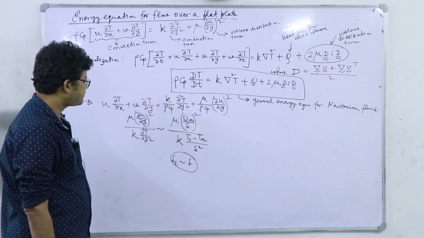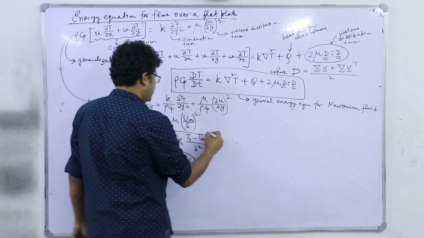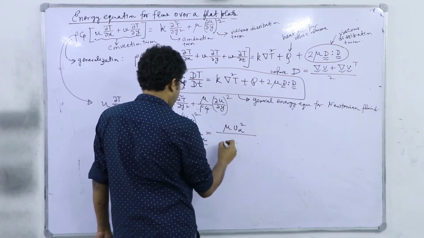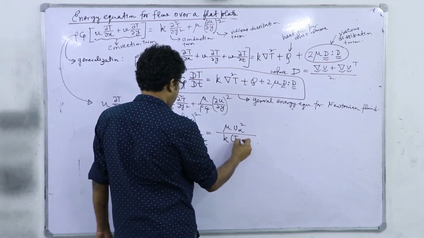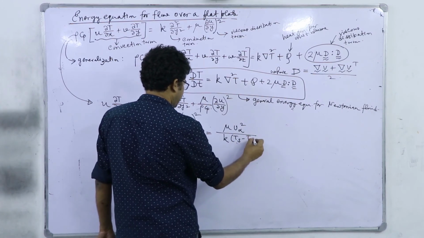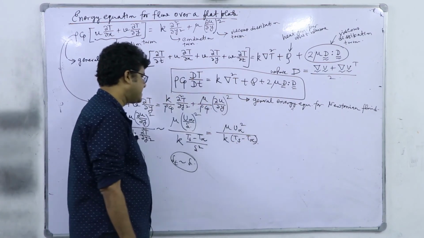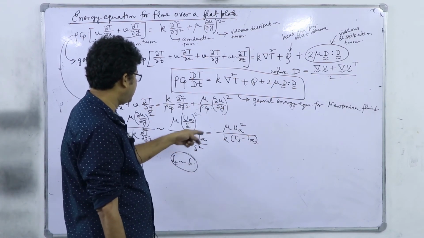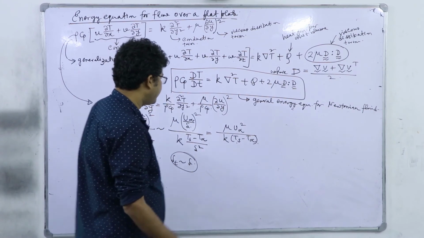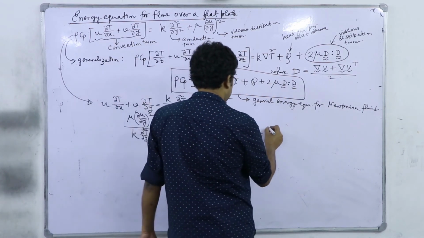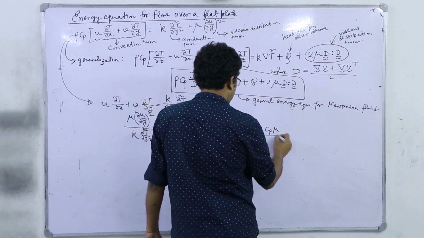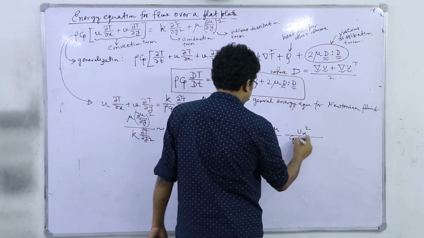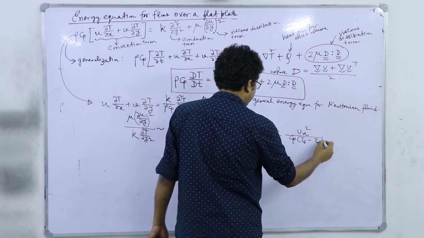So that's equal to mu into u infinity square divided by k into Ts minus T infinity, and that's equal to further Cp mu by k into U infinity square divided by Cp into Ts minus T infinity.